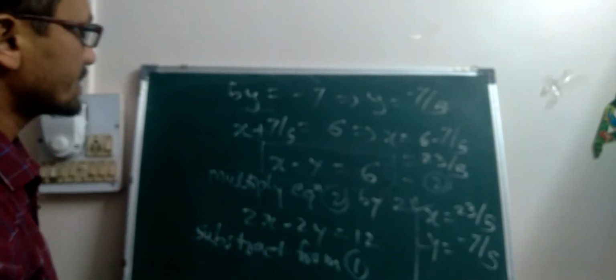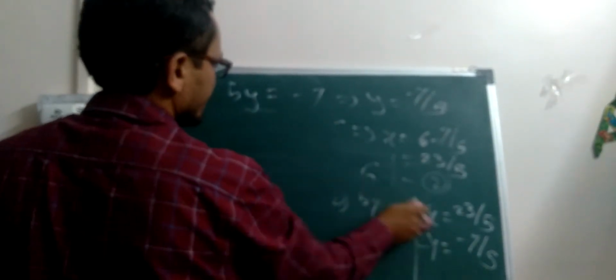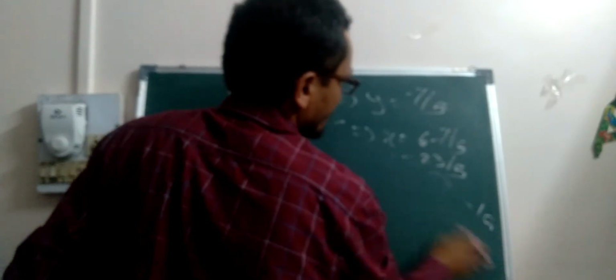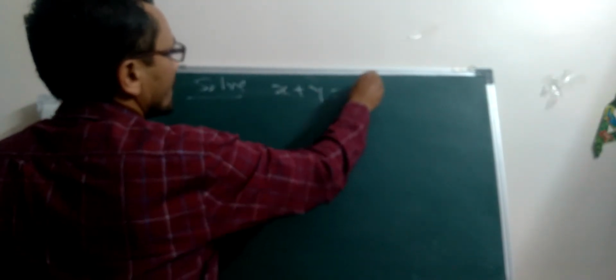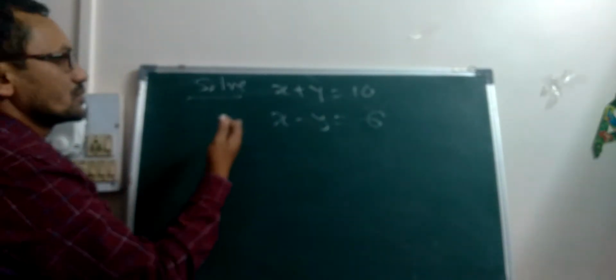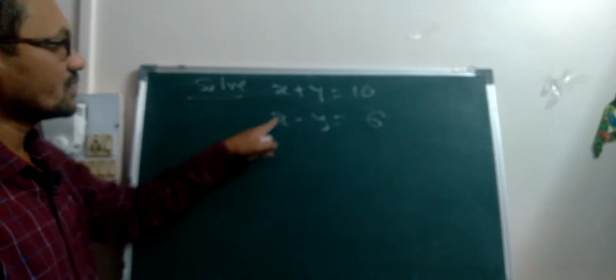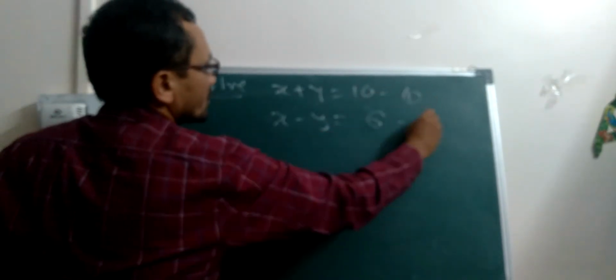We will take another example. Suppose we have a question like this: x plus y is equal to 10, x minus y is equal to 6. Here we can add or subtract, we can do anything, because the coefficients are the same.